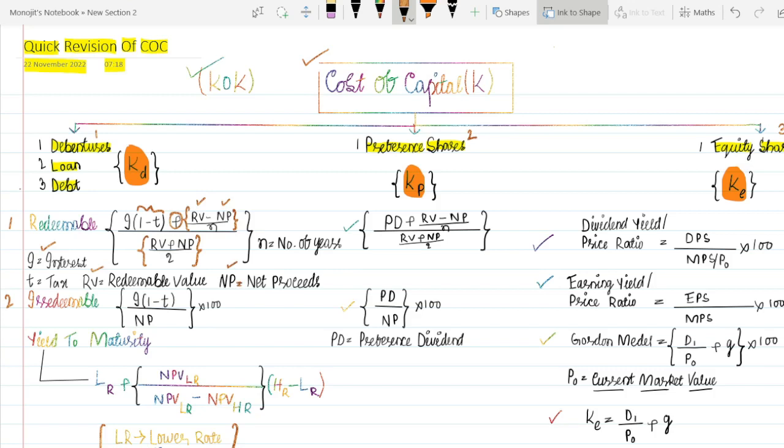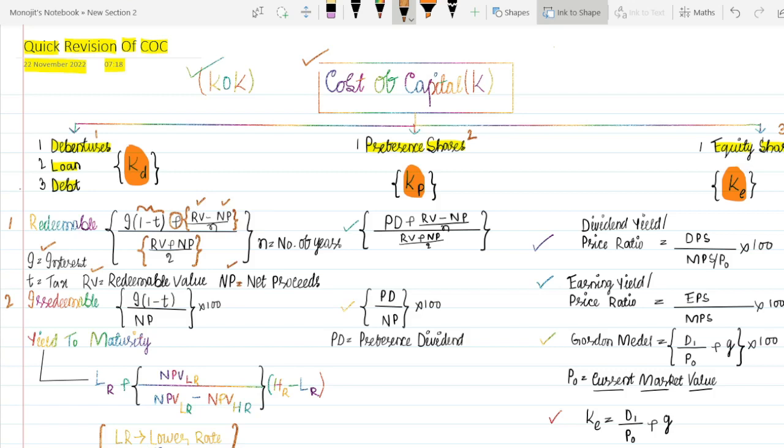And in case of preference shares, the formula will be: preference dividend plus (redemption value or redeemable value minus net proceeds) divided by n.